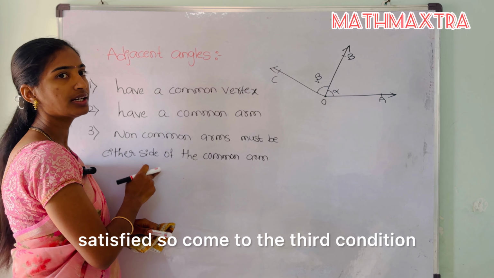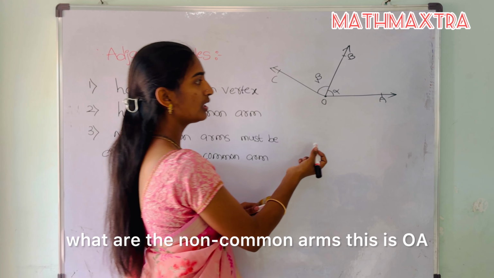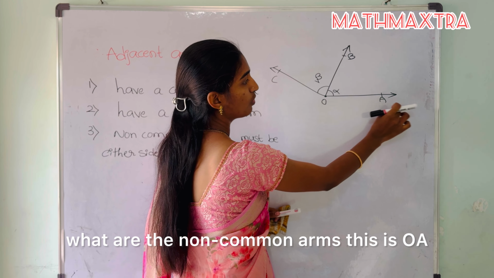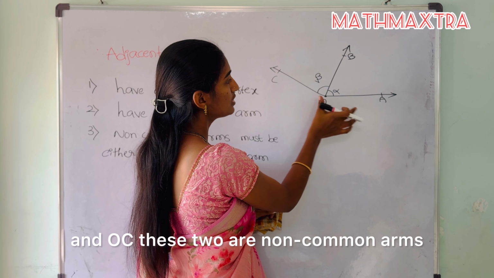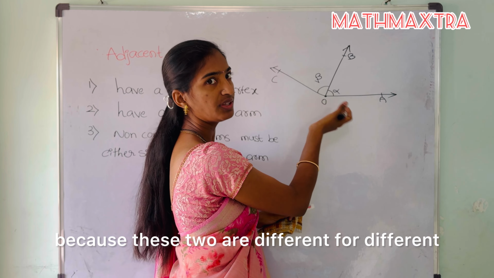Come to the third condition, that is the non-common arms. What are the non-common arms? This is OA and OC. These two are non-common arms because they are different for the different angles.